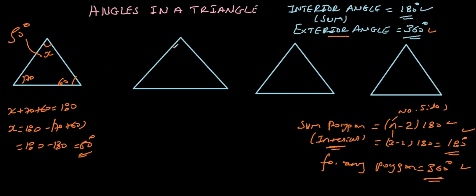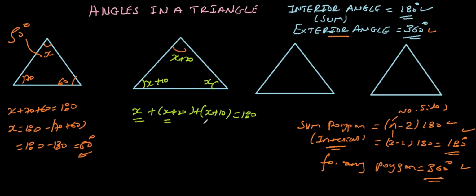Now another example. If this one is x plus 20 degrees, and this one is x plus 10, and this one is just x, how are you going to find the x value? As we said before, x plus 20 plus x plus 10 plus x is equal to 180 degrees.